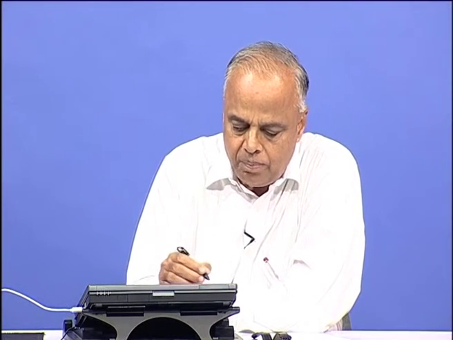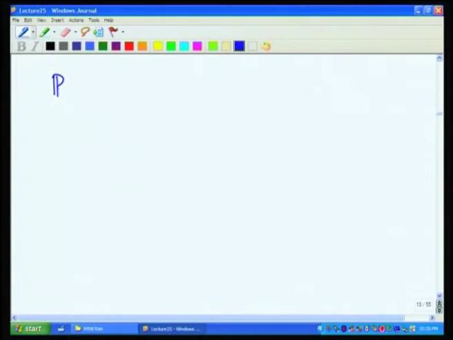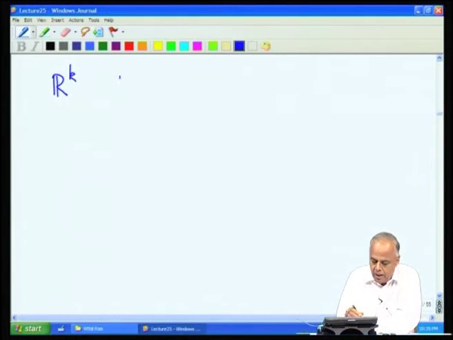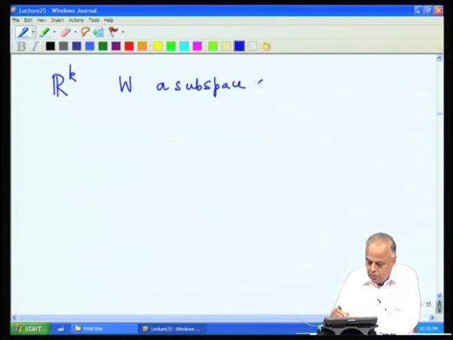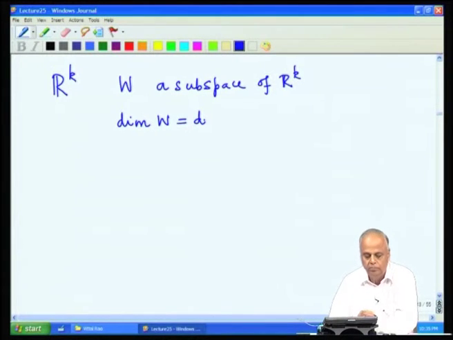So, now let us get back to R k, and let us say W is a subspace of R k. Let the dimension of W be equal to d, and therefore, we will have an orthonormal basis.